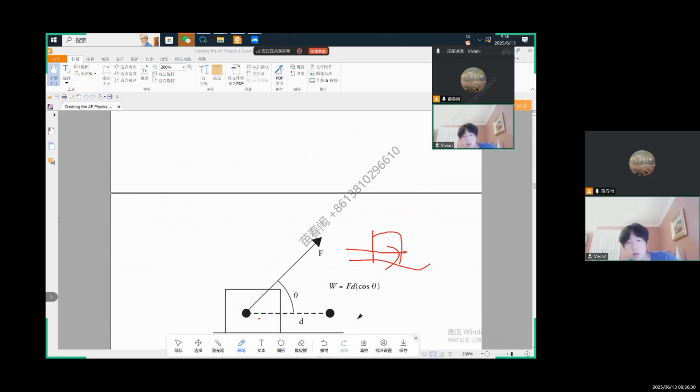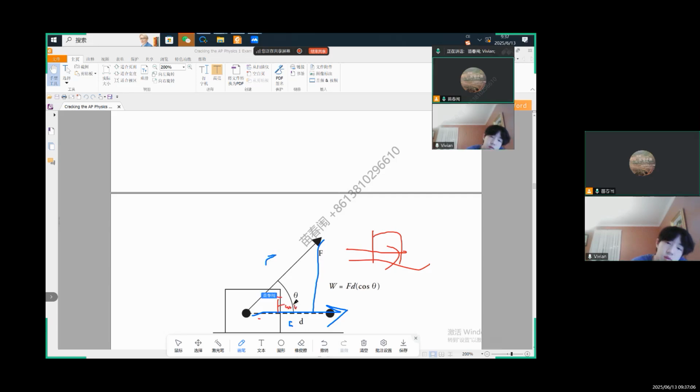Angle theta. What's the force times distance? Oh, but the force is... if it's this way, in the direction of my distance, you can find the component, right?